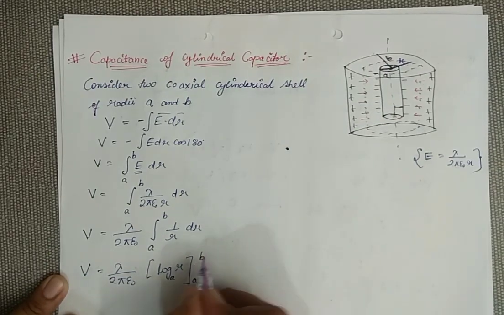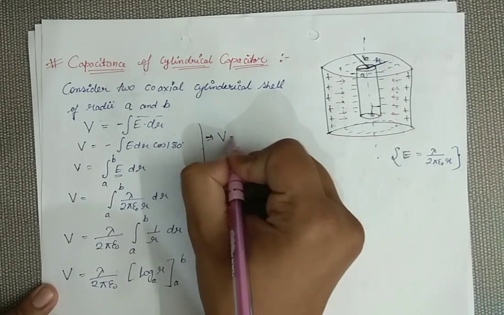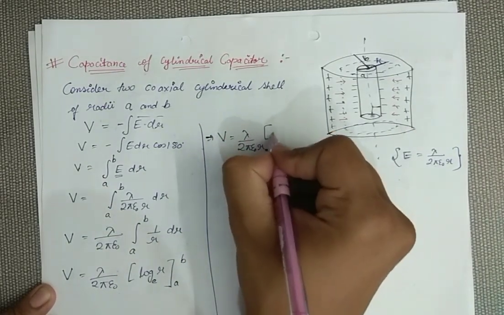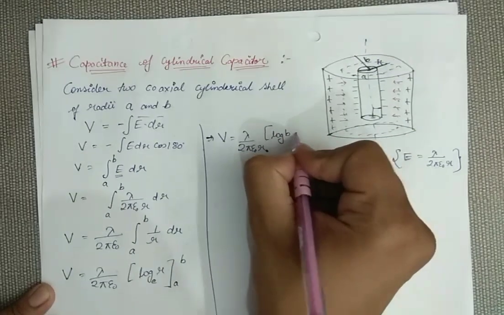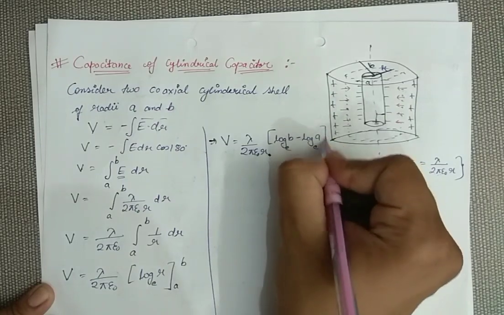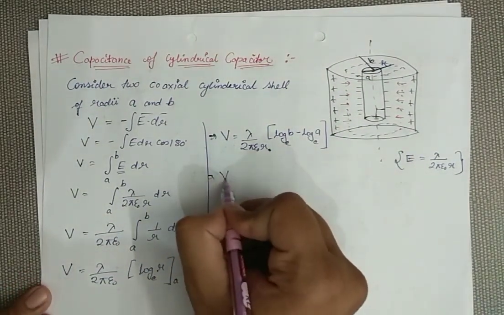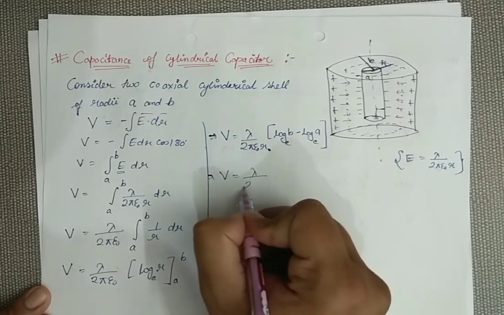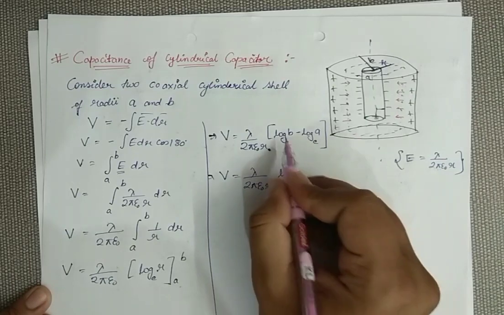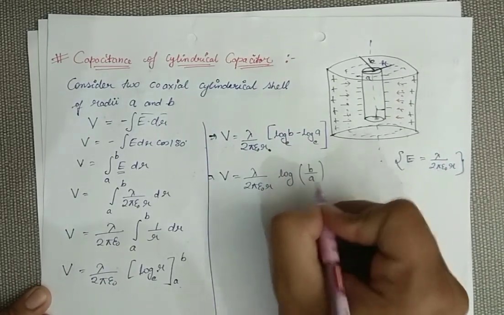Limit is from a to b. So on substituting the value, V equals lambda by 2 pi epsilon naught times upper limit, that is log b, minus lower limit log a, with the base e. So you can also write V equals lambda by 2 pi epsilon naught, using the formula of log m minus log n, that is log b by a base e.